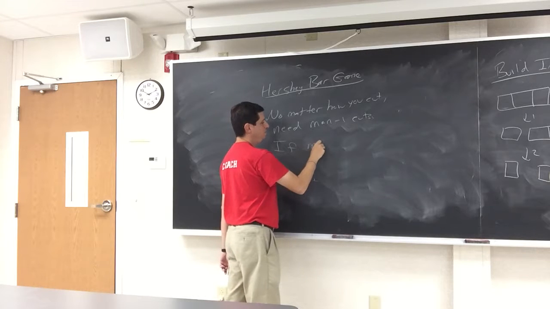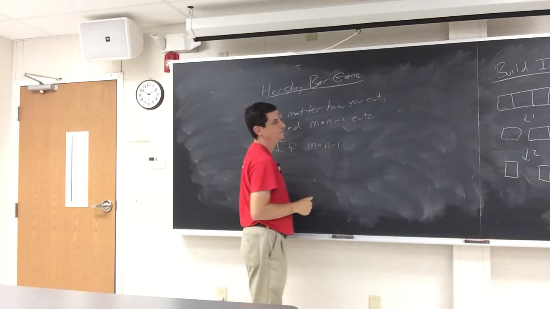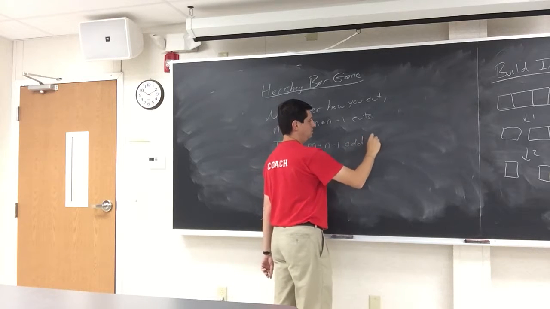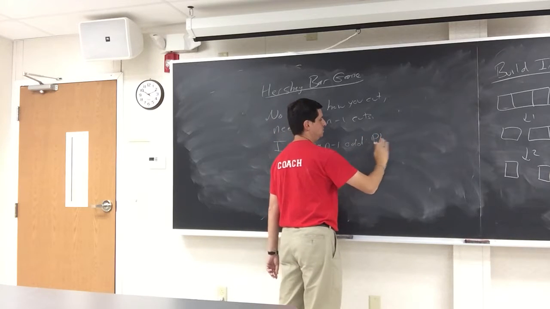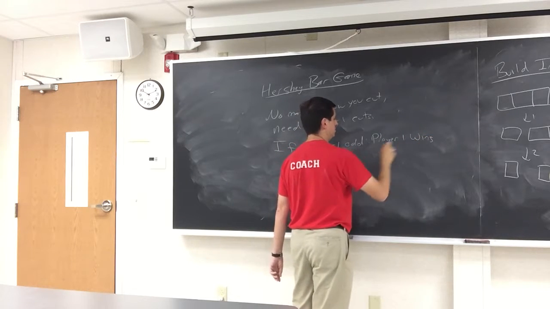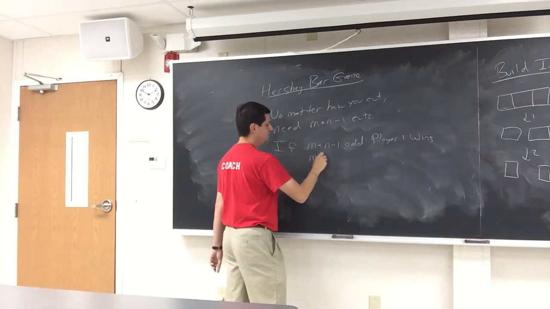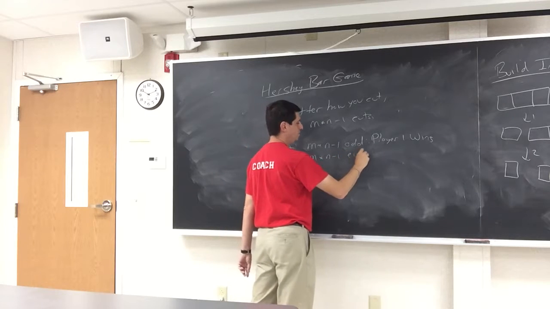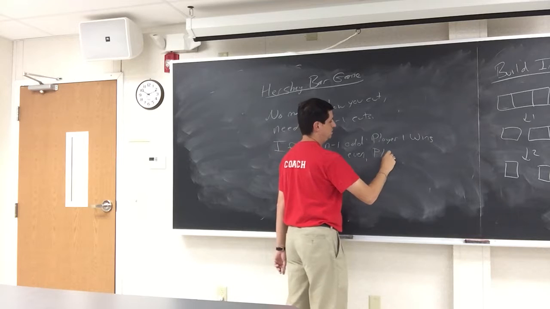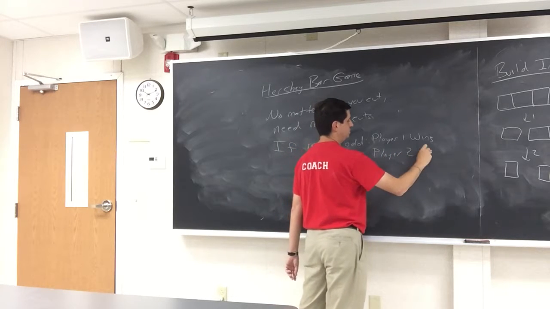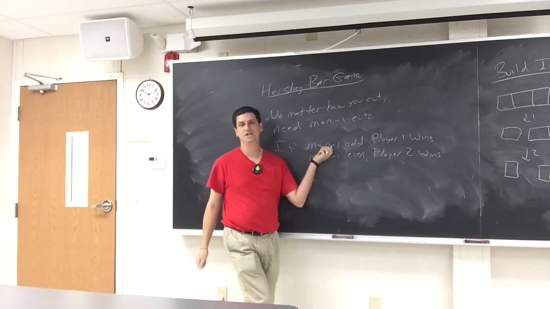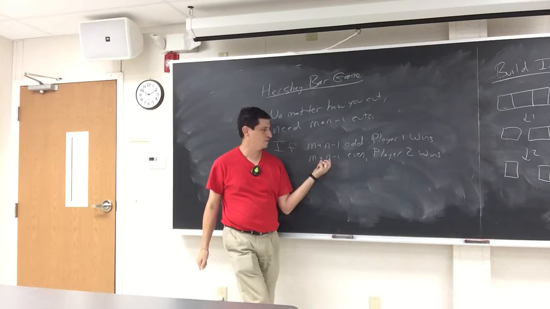If m times n minus 1 is odd, player 1 wins. If m times n minus 1 is even, player 2 wins. Or equivalently, player 1 wins if m times n is even, player 2 wins if m times n is odd.